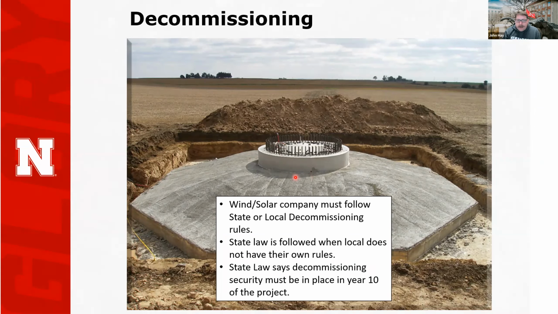If the county does not have such a policy, there is a state law that says that a decommissioning security must be put in place in year 10 of the project. That's for both wind and solar. So there is a little bit of law that's dictating at least some level of protection to try to have some money available for decommissioning if the company doesn't do it.